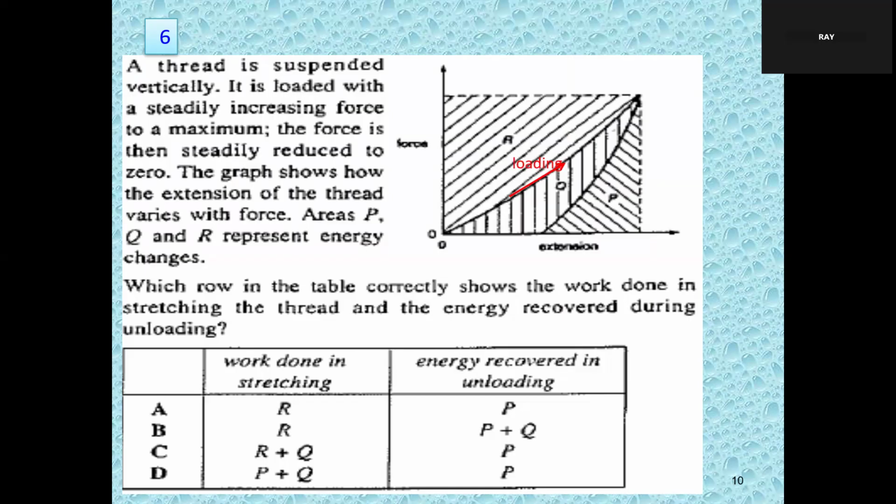You add weight, that's called loading. Then unloading, you remove the weight. The answer is D. Q is the net work done.